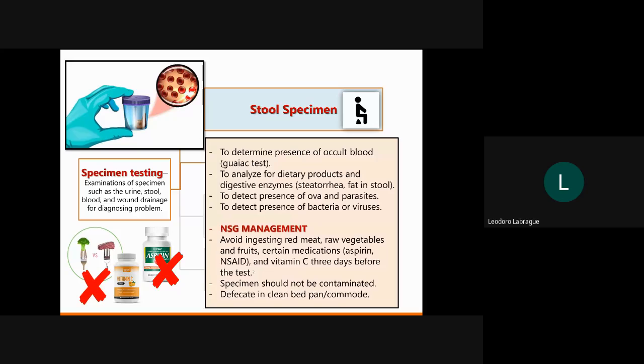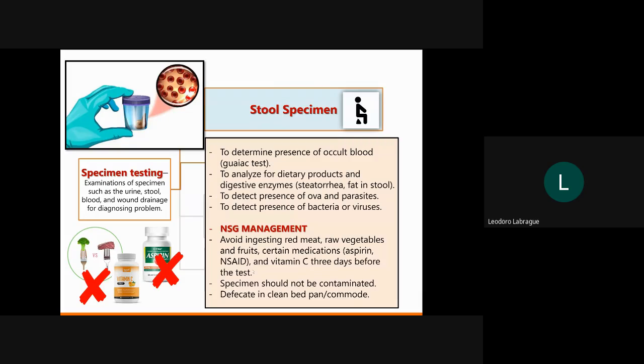What is a false positive result? That means even if the patient is not sick, when the stool is examined, it might show some microorganisms or some blood or some other components which should not be there. We call it a false positive result, which means the result is not accurate.